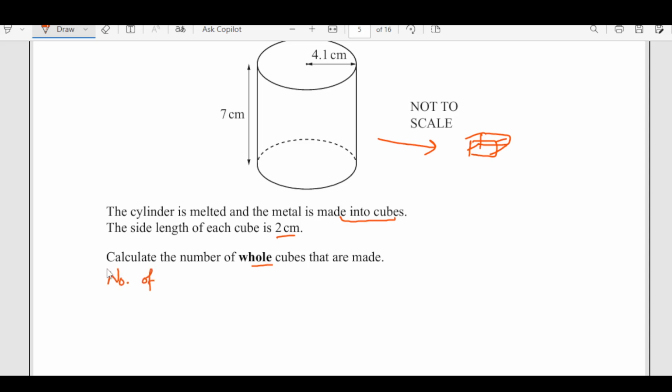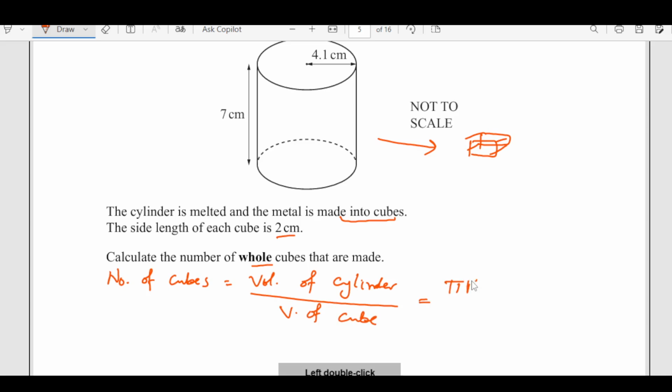Number of cubes is going to be volume of cylinder over volume of cube, right. Volume of cylinder, we have the formula pi r squared h, and the cube is side length cubed.